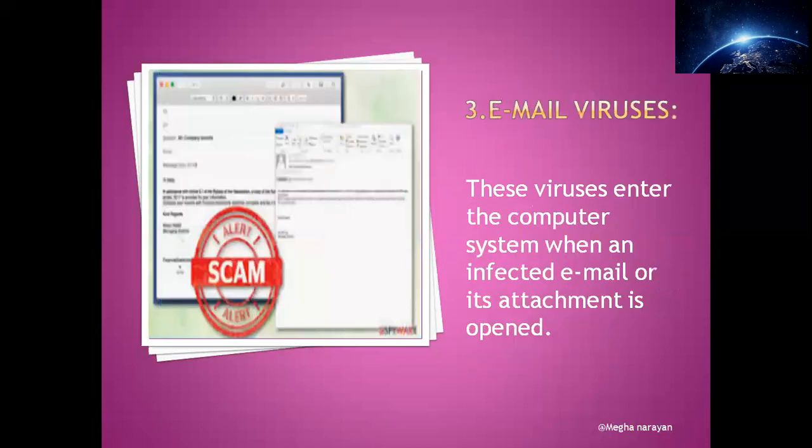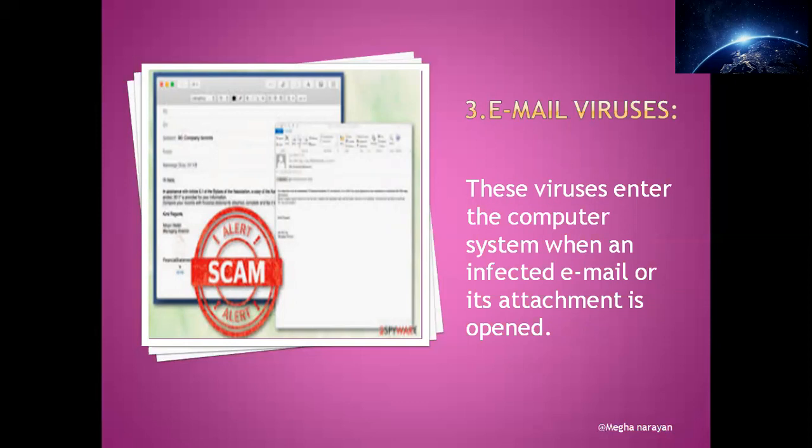The third type is email viruses. So email viruses, the name itself is telling you the entire story. Many a time it happens that you get mails from malicious senders, who can be fake, or they can be malicious websites also, sending you various sorts of unwanted email.